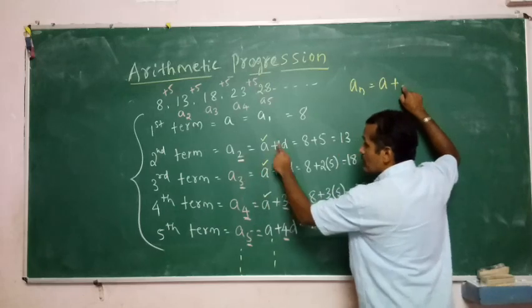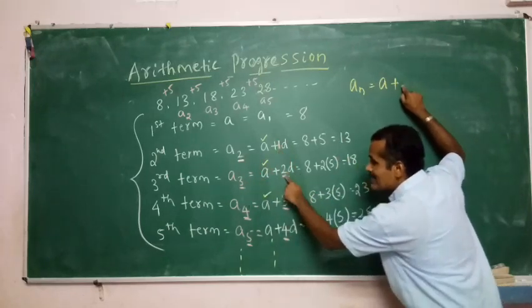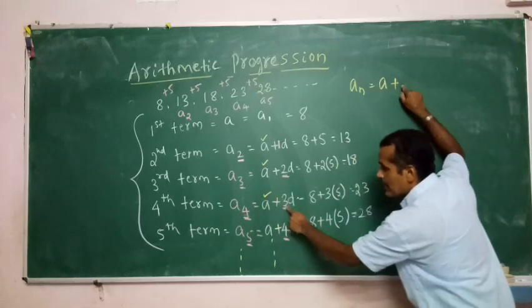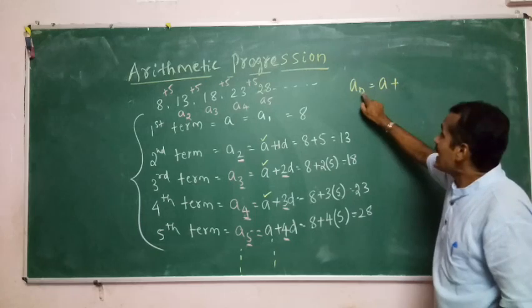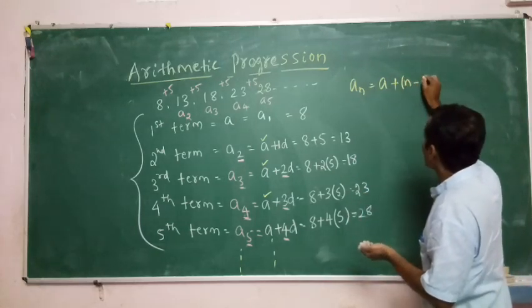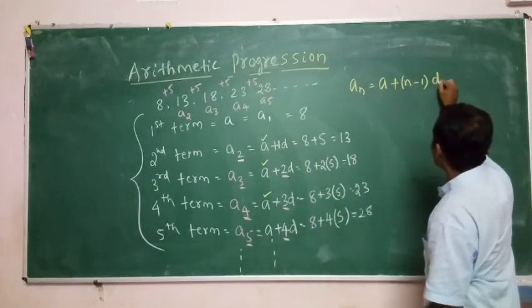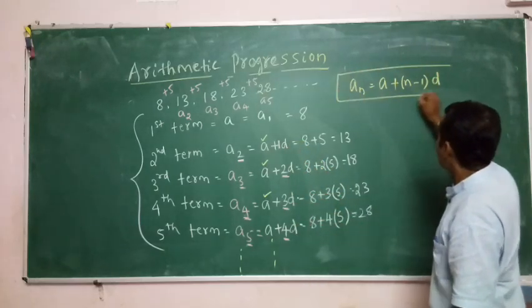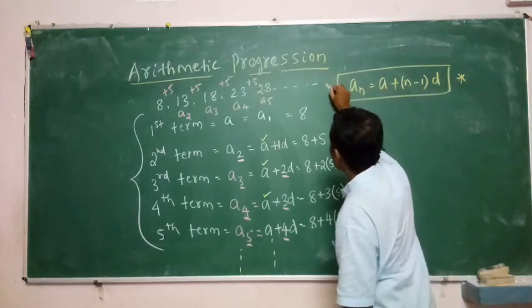When there is 2, 1 will come. When there is 3, 2 will come. Means 1 less. 4, 3, 1 less. 5, 4, 1 less. If it is n here, I should get n minus 1 here, whereas d is common, into d. This is a very, very important formula to find the nth term of an AP.